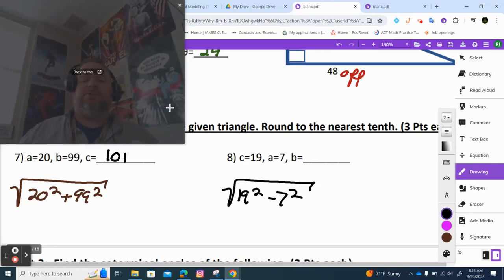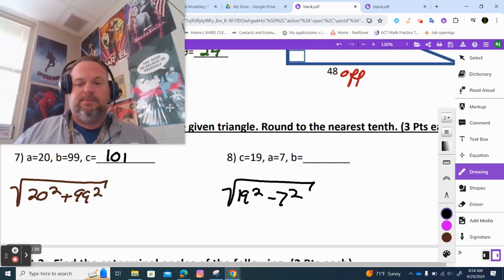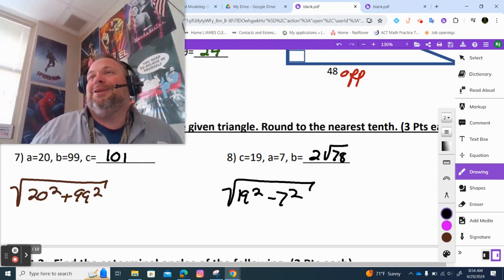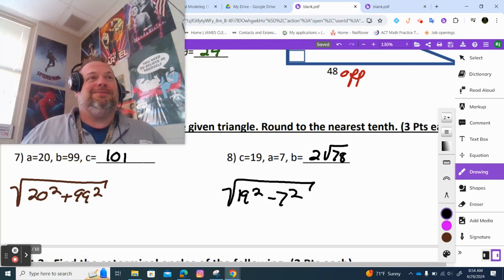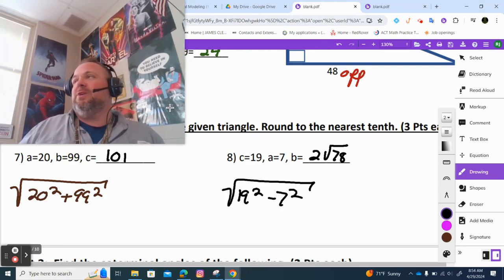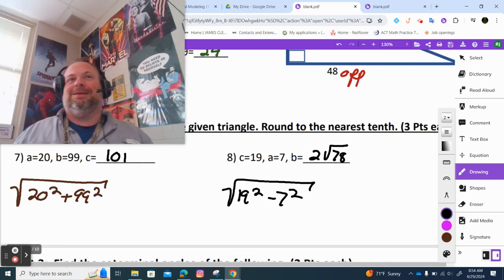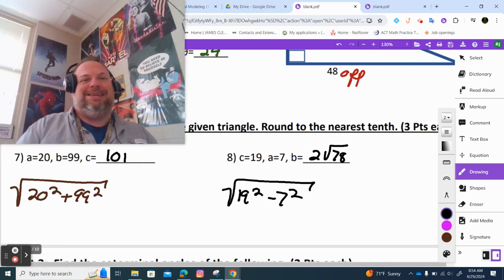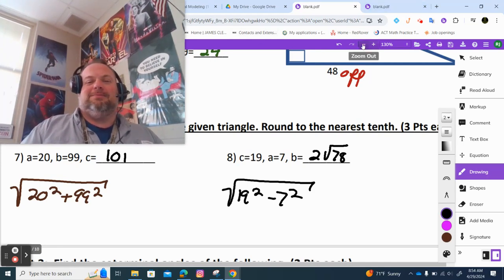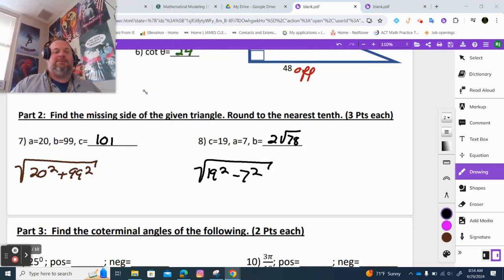This is what happens when Mr. Jeffries just puts in random numbers. 2 root 78. Number 7, I actually looked stuff up. Number 8, I just do random stuff. Yes, that actually does happen.